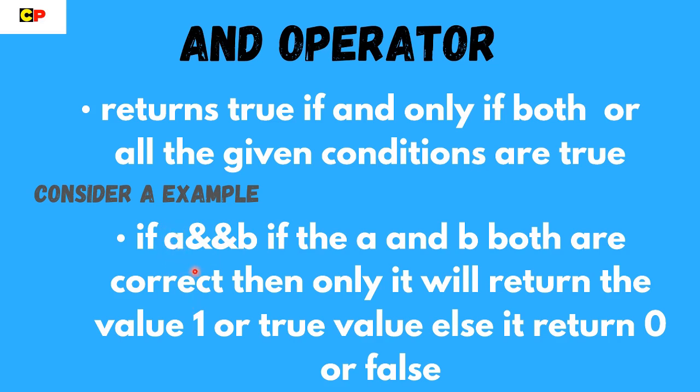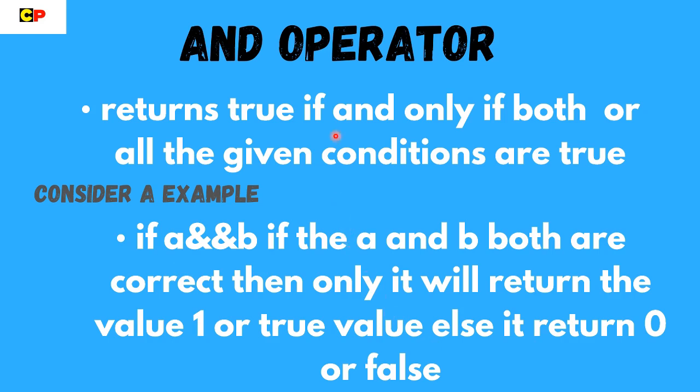If you use the AND operator between them, this whole combination will return the boolean value true if A and B are both correct. If both conditions are correct, that means A is correct and B is correct, then only will the AND operator used between them return a true value, or value 1. Otherwise it will return 0 or a false value.